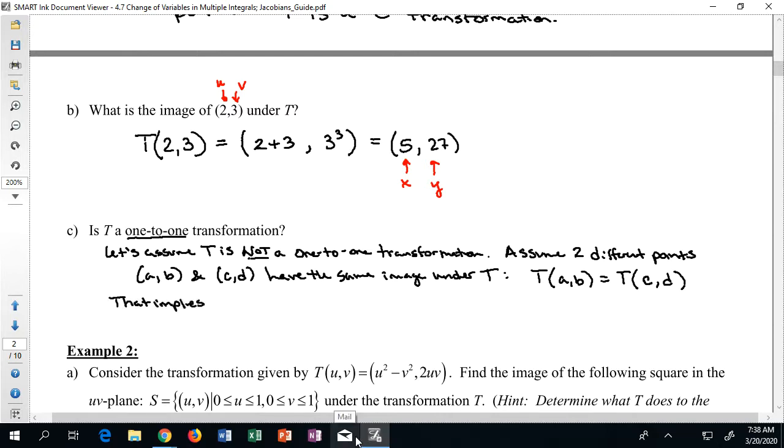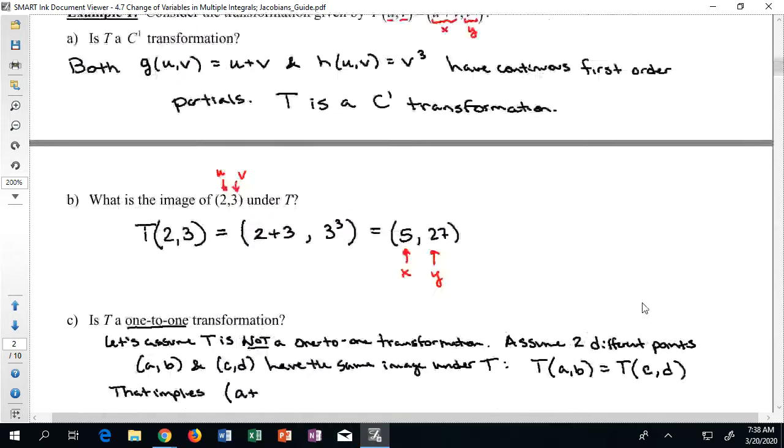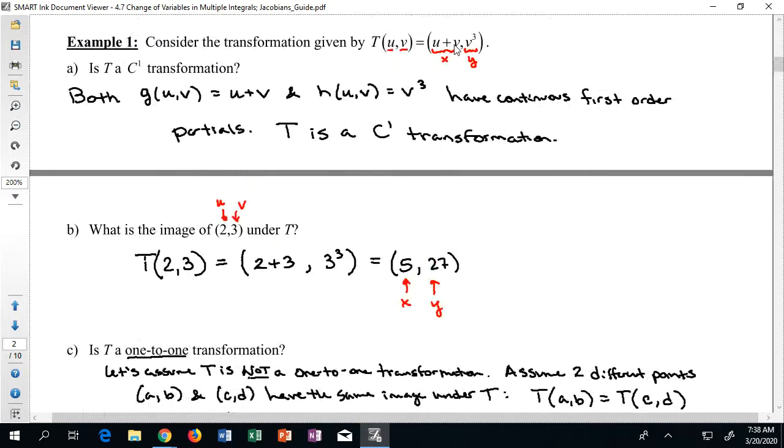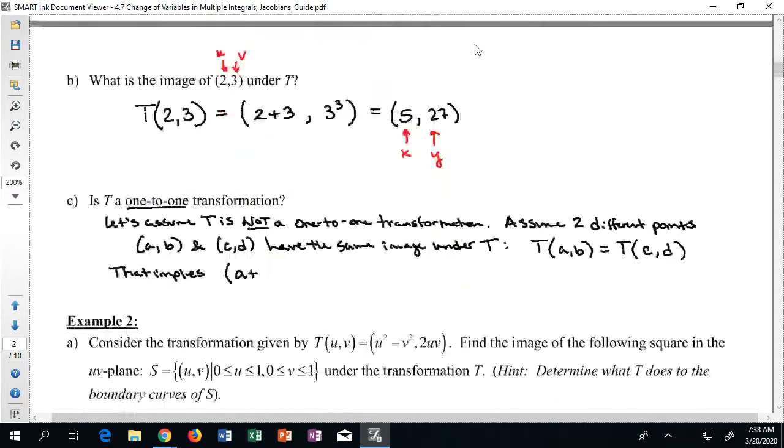If those two points are the same, then doesn't that have to mean that when I use this transformation, which said take the U and the V value and add them together and take the V and cube it, that would mean that (a plus b, b cubed) must be identical to (c plus d, d cubed)?